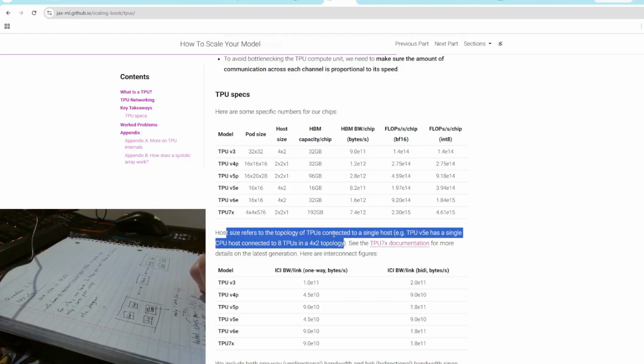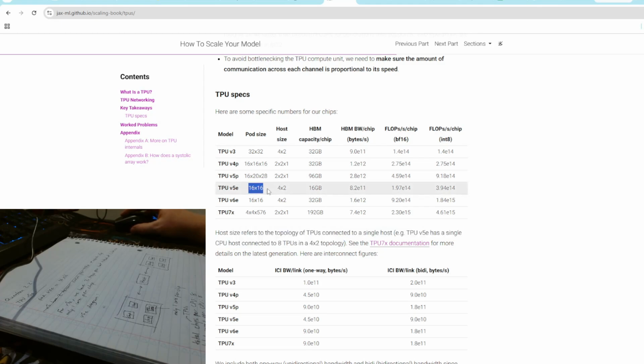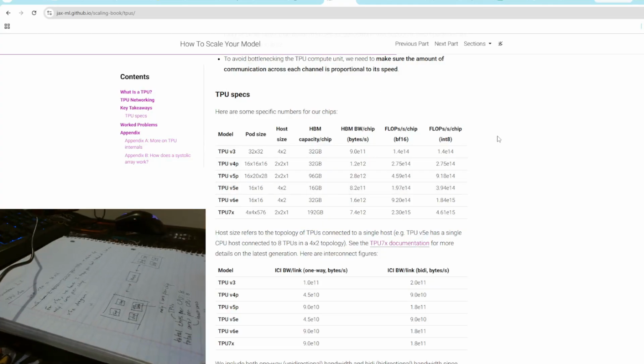Let's say this is tensor cores. Okay. So we can just do simple division now. Also we want to know, oh, it doesn't matter if it's cores or chips because it's the same math.